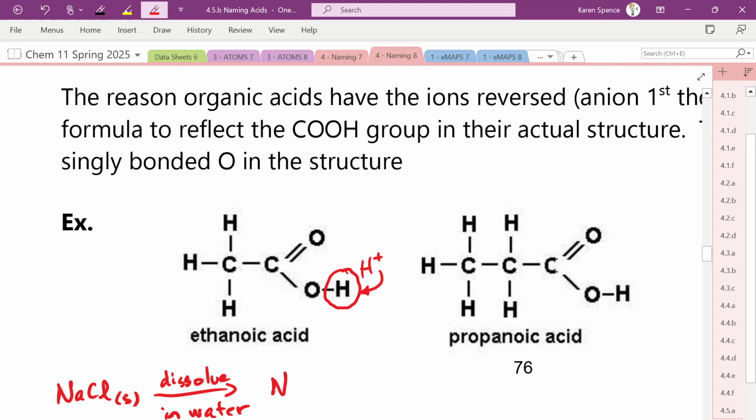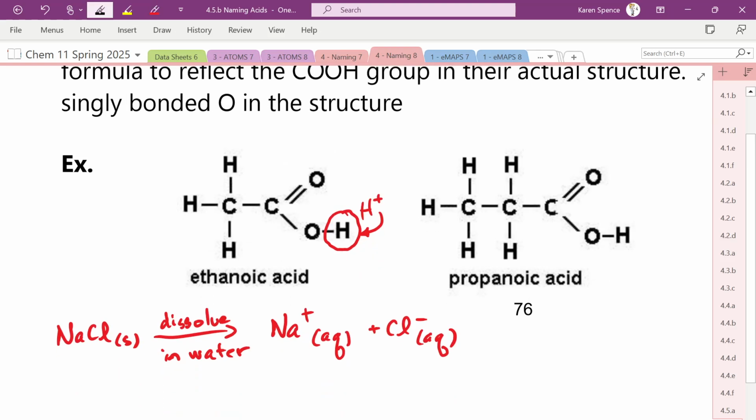So you end up with Na plus separate from Cl minus. That process, does anyone remember what that process is called? Dissociation. So when an acid dissolves in water, it separates, it dissociates into H+, and whatever the anion is, okay?